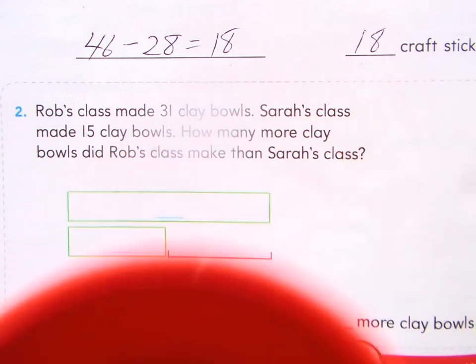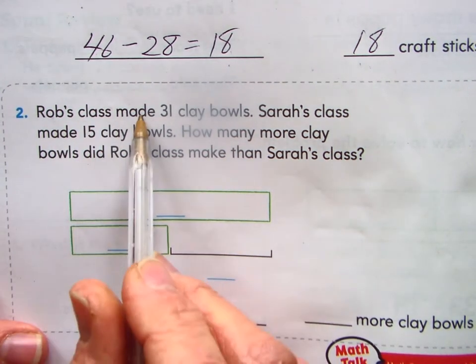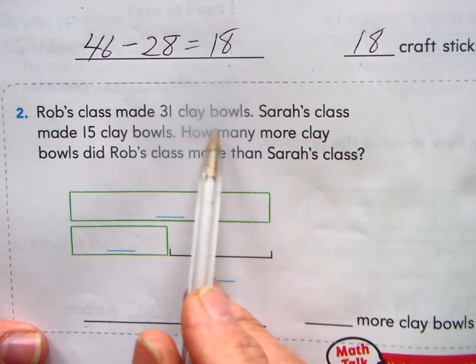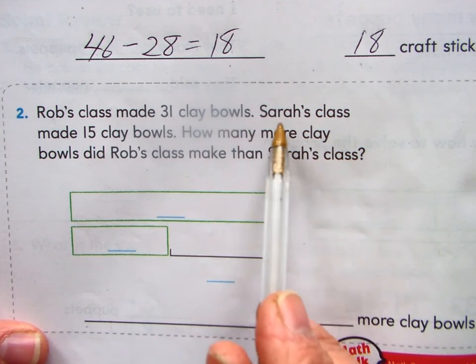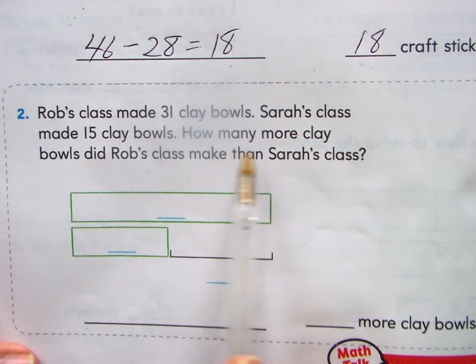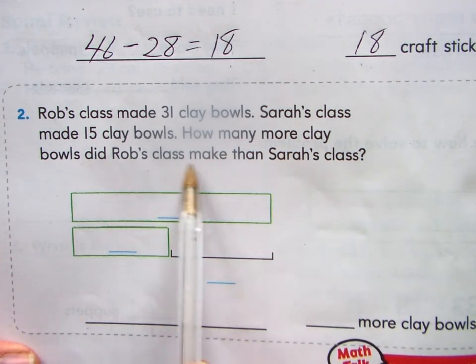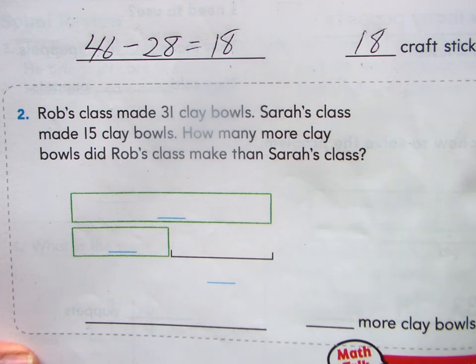These are made out of clay. Clay is soft. You have to then bake the clay to make it hard. Anyway, Rob's class made some clay bowls in art class. They made 31. Sarah's class made 15 clay bowls. How many more clay bowls did Rob's class make than Sarah's?